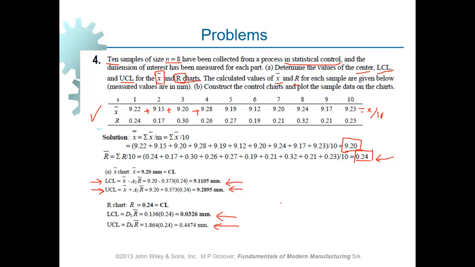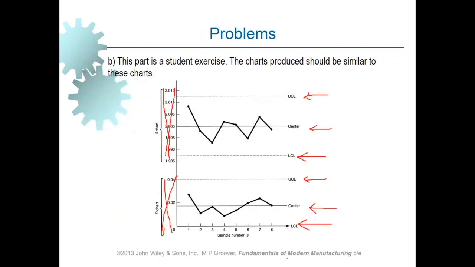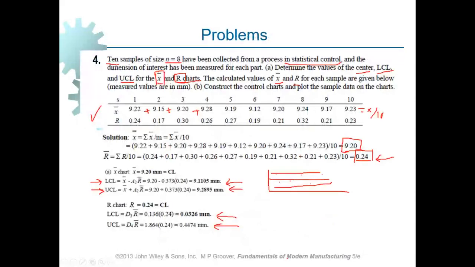In part B, we need to construct control charts and plot the sample data on the charts. That is, we've got to construct an X bar chart where we have got the center line, upper limit, lower limit, and then we have got the values of X bar, 10 different values, giving us different points here and there. We've got to just plot these. We have different values of X bar on the vertical axis and sample numbers on the horizontal axis.